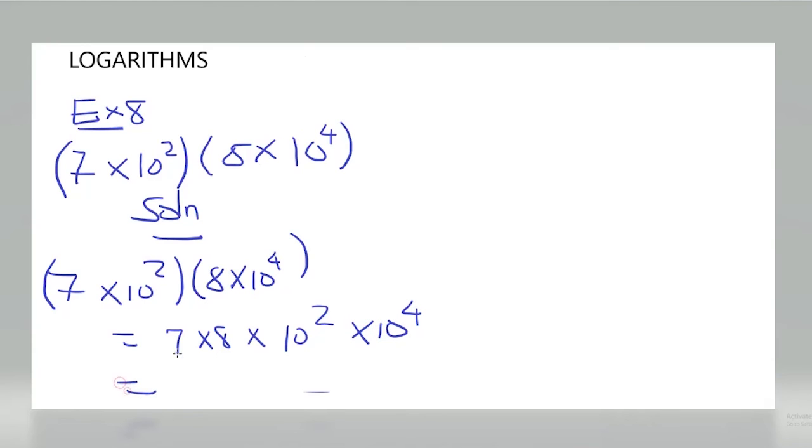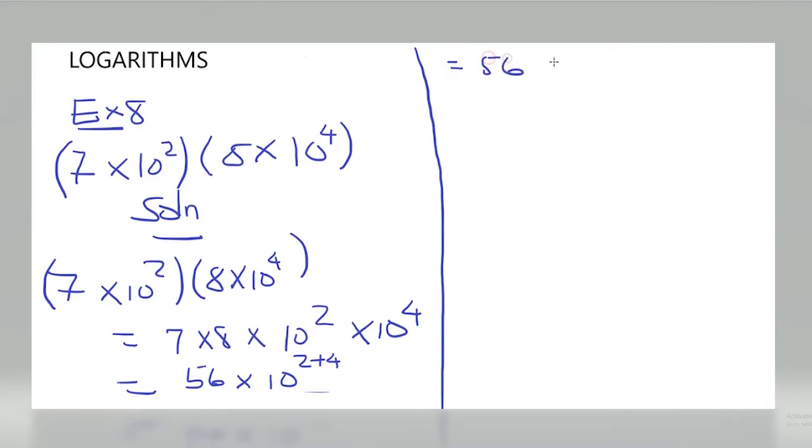Then 7 times 8 is 56, and for the powers of 10 it is 2 plus 4, according to the law of exponents. If you have not understood this concept, please refer to my previous sessions. You'll be able to do that. Now this will be equal to 56 times 10 power 6.